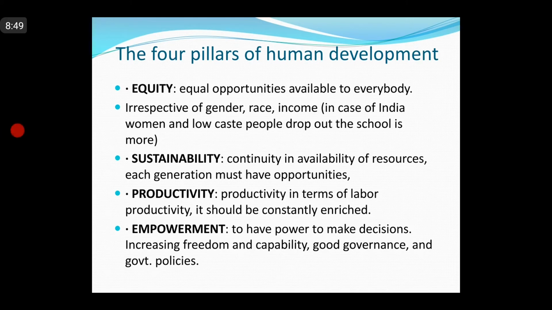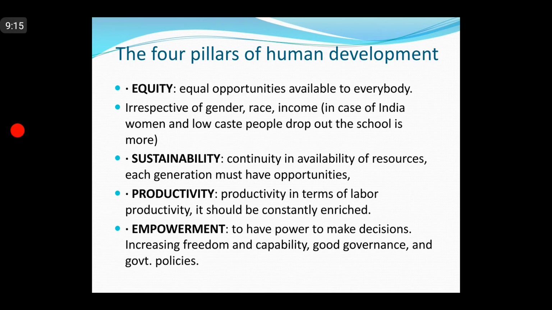They can create better and larger numbers of things from limited natural resources, right? And it's the human beings who convert the natural resources into useful products, and that is marketed at the national or international level.